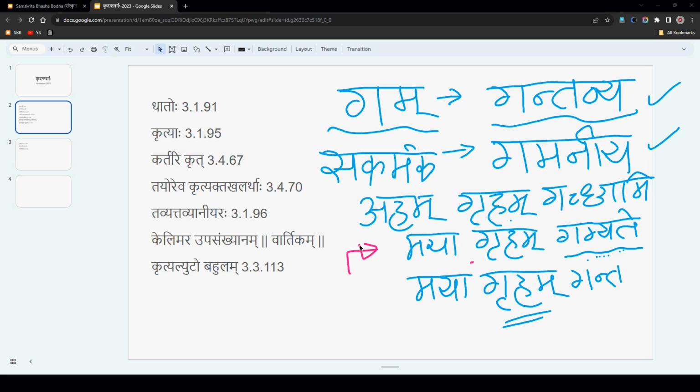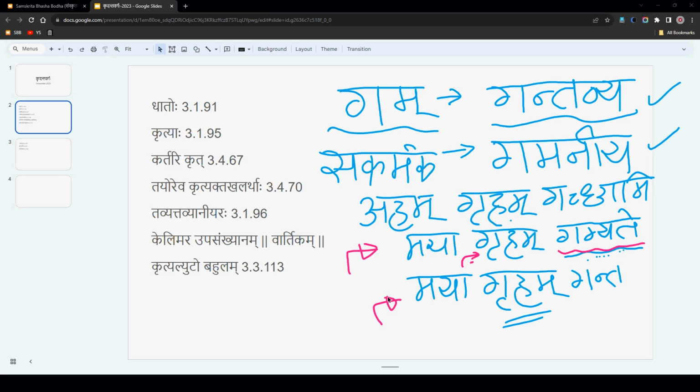Karmapadam. That is why it is karmani prayoga. The kriyapada vachana is according to the karmapadam, which is graham here. Though it is in the prathama vibhakti, the karakam doesn't change. That is the karmapadam. So here also similar, because it is a karmani prayoga.